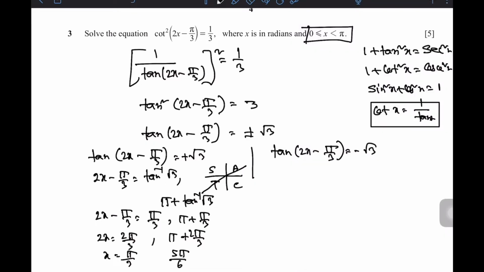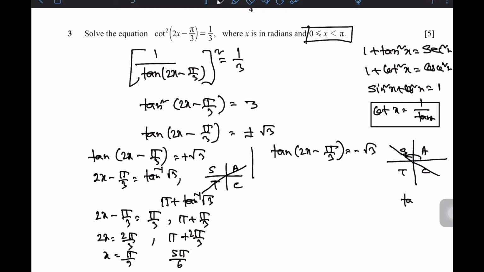First of all, the position of this negative number will be in the second quadrant. All Students Take Cambridge: second quadrant and fourth quadrant. In these two quadrants tan is negative. So we can write tan inverse root 3 equals pi by 3.